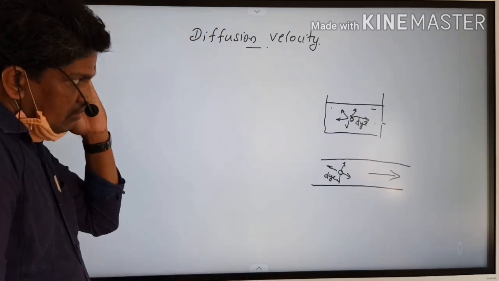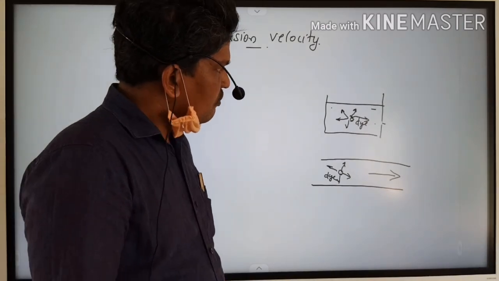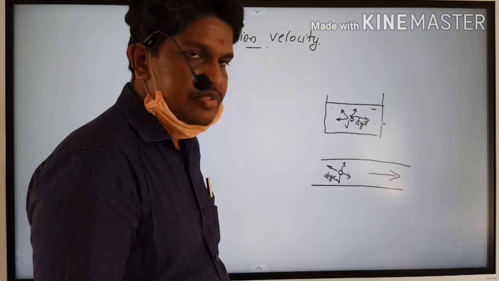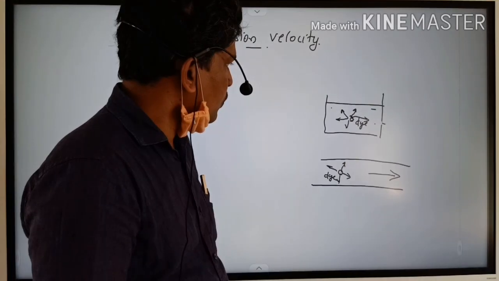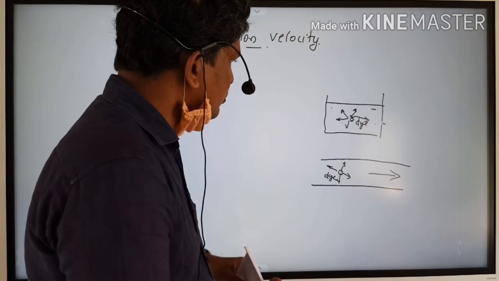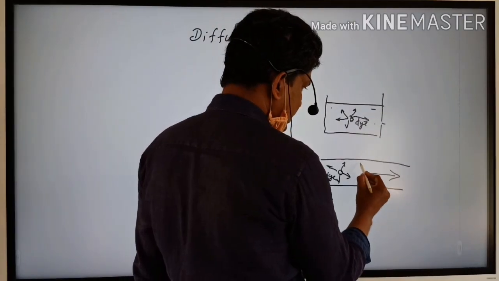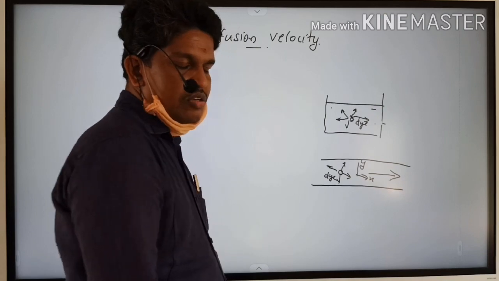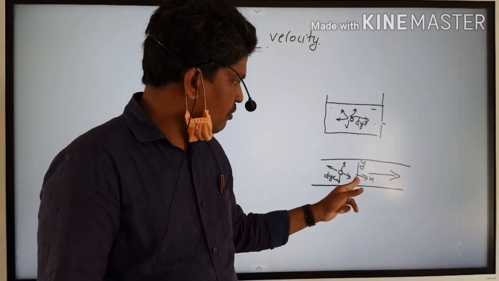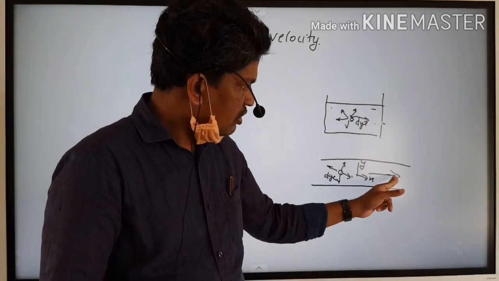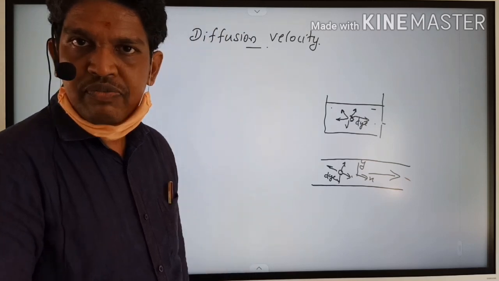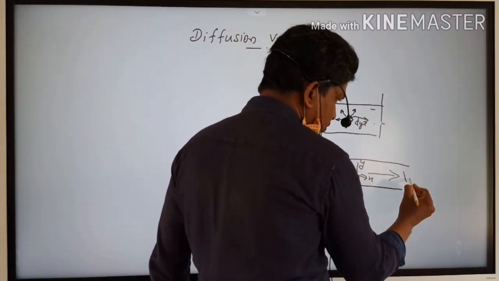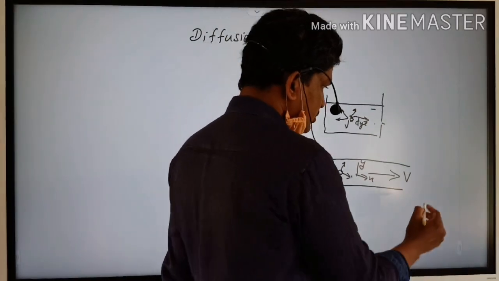So here the velocity of the dye can be expressed in two ways based on two coordinates. One is based on a coordinate which moves along with the bulk fluid, where the velocity of the fluid is the average velocity.